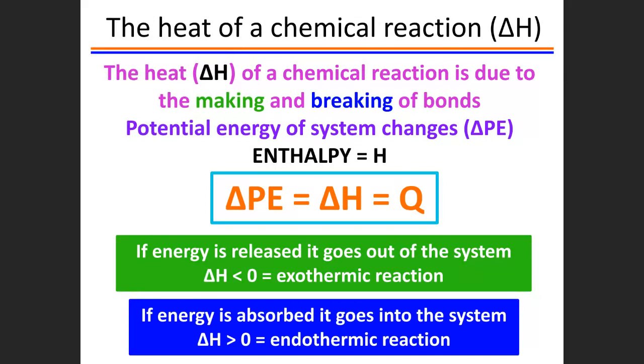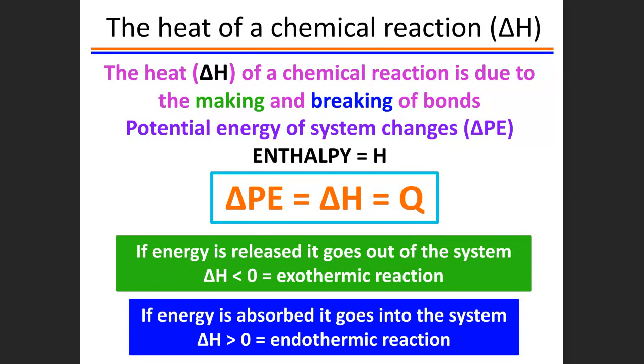The heat of chemical reaction, del H. The heat of chemical reaction is due to the making and breaking of bonds. The potential energy of the system changes, we say the total energy. We saw the energy for the product and the energy for the reactants.